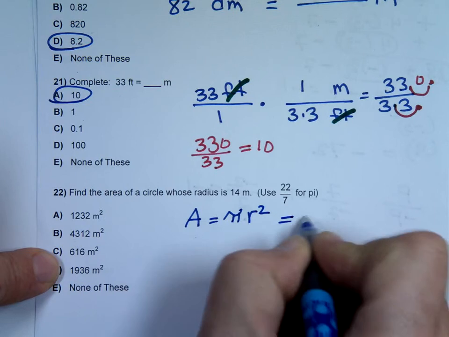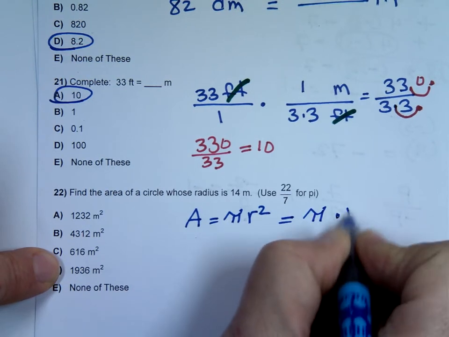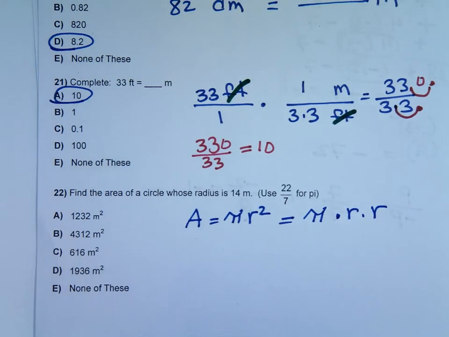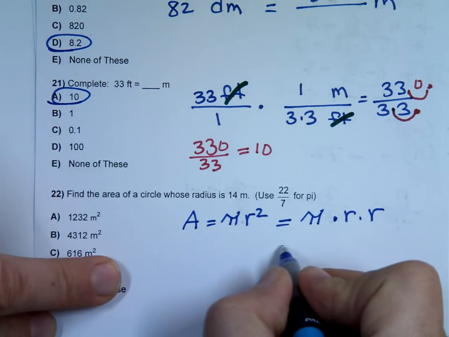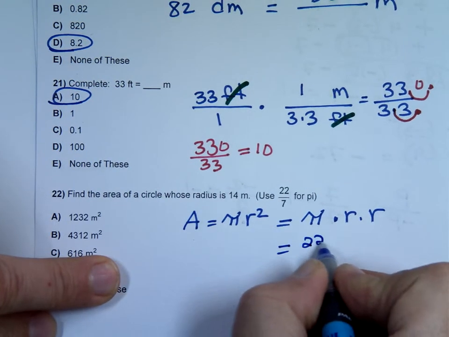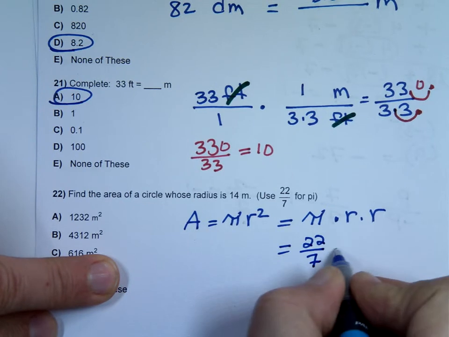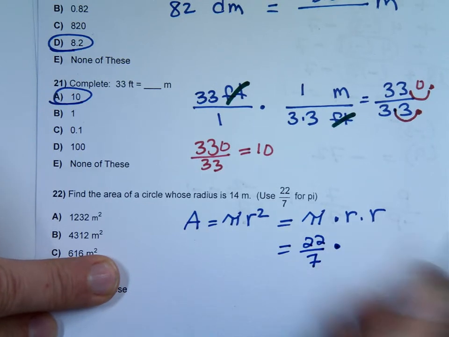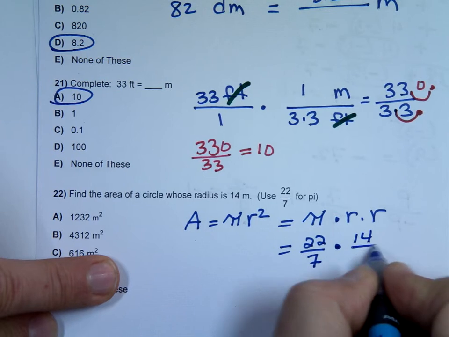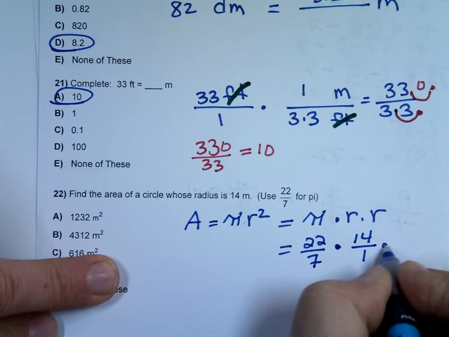R times R. That's what R squared is. 2 R's. So let's plug in the numbers. It says use 22 over 7 for pi. And what was the radius? 14. That's 14 over 1. Times, what was the other radius? 14.